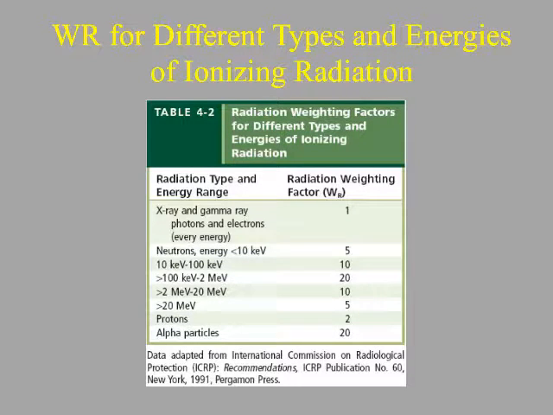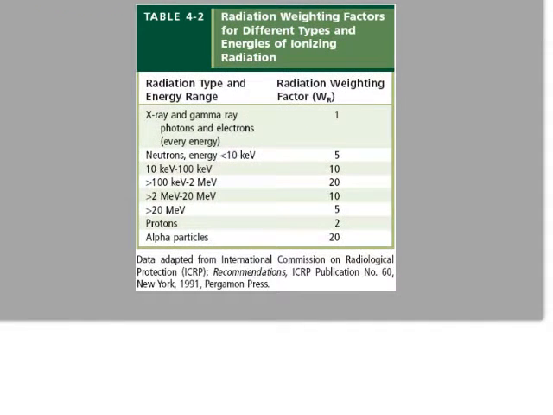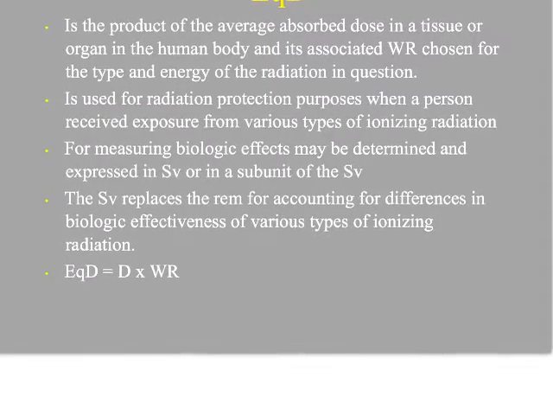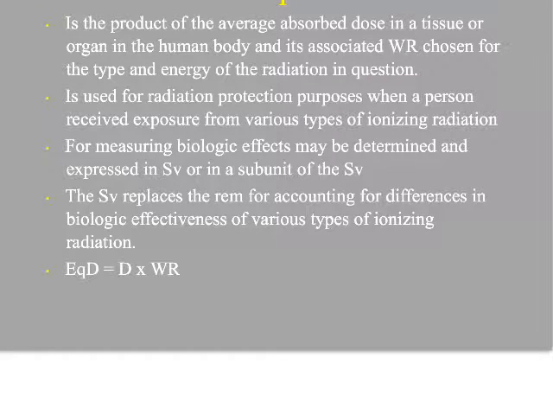So here again is that information just kind of repeated for LETs at different energies. And the way that we're going to calculate an equivalent dose is we'll multiply the absorbed dose times the radiation weighting factor. Okay? And this is expressed in a sievert.